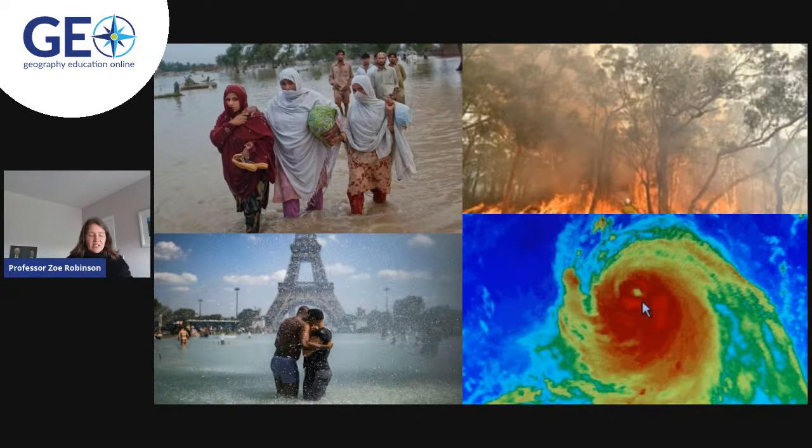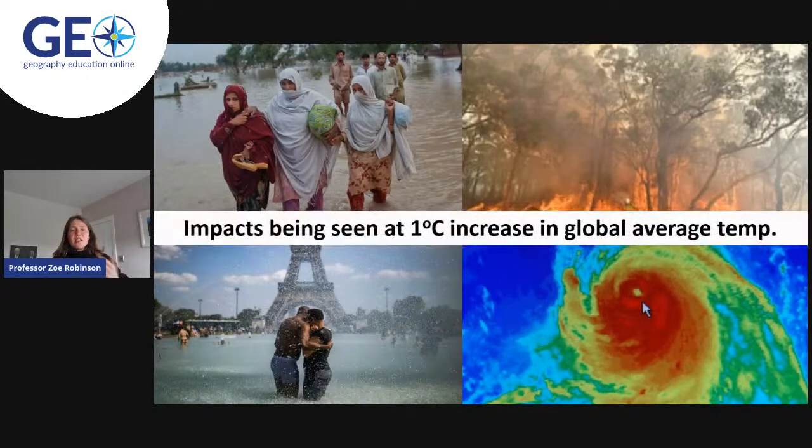We've seen record-breaking temperatures in France, which have killed 1,500 people in a single heat wave. And these heat waves are 5 times more likely with global warming. And we see increasing intensity of damaging hurricanes as well. So, these are the impacts which are being seen at 1 degree C increase in global average temperature, which gives us an idea of just why we need to ensure that we really try and limit the global temperature increase.